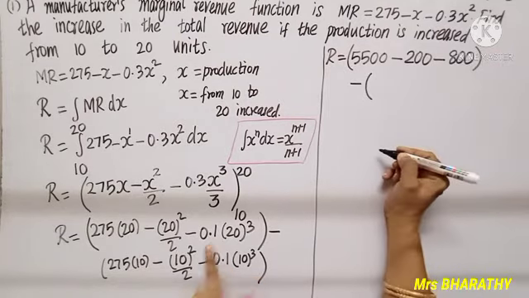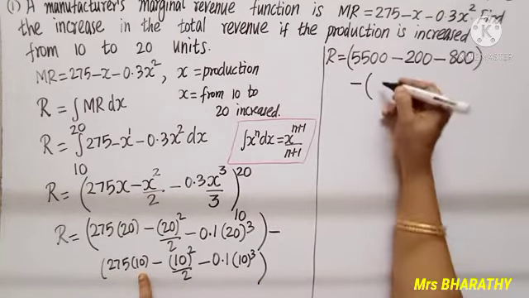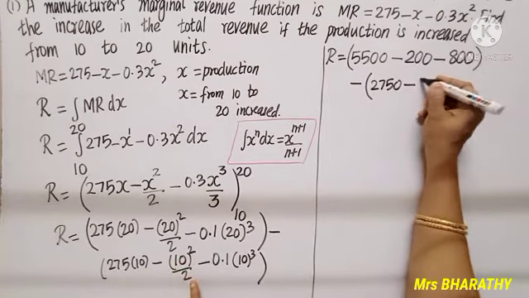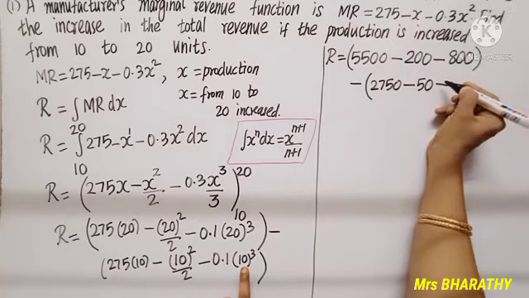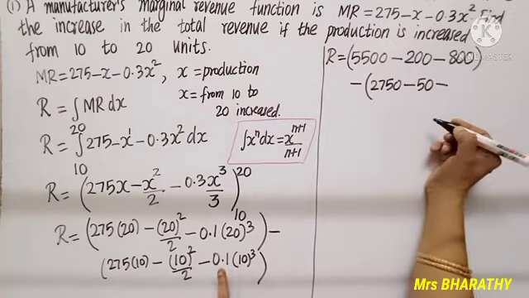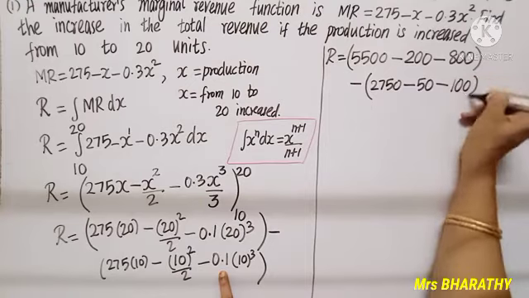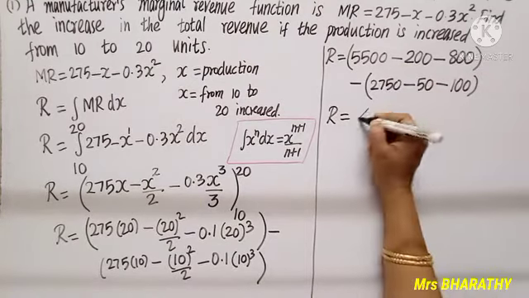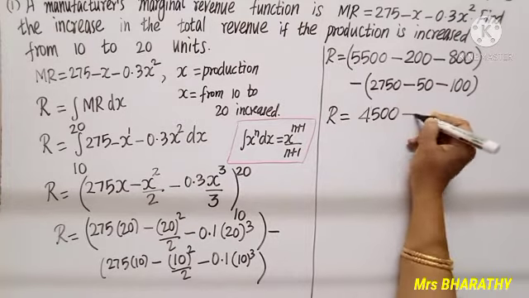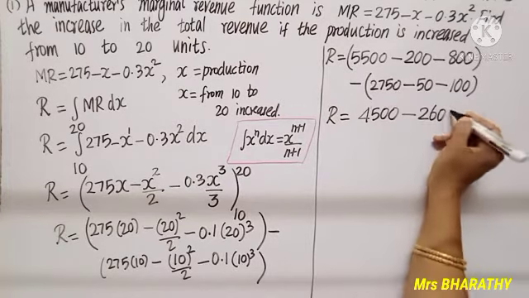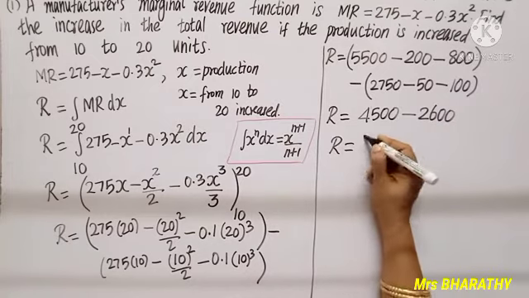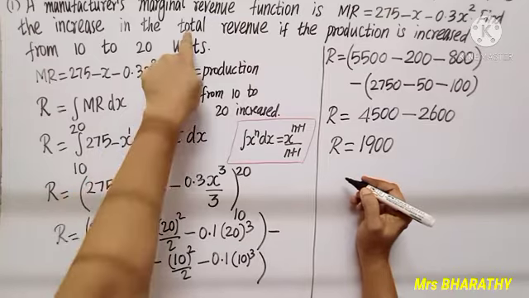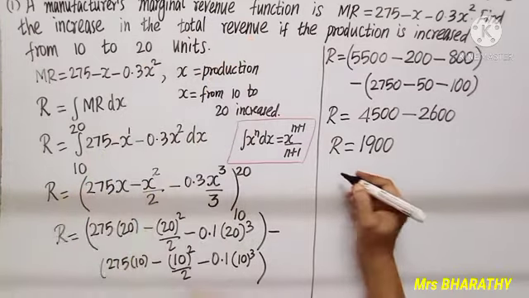Minus the lower limit: 275 into 10, 2750, 10 square 100 by 2, 50, 10 cube is 1000, 1000 into 0.1 is 100. As we simplify, it is 4500 minus 2600, or 1900. So the question is total revenue, how much it is increasing.